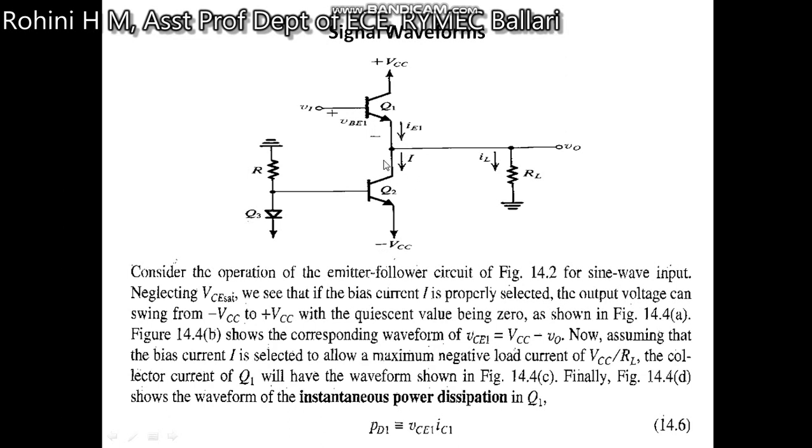If VCC is 10 and this is minus 10, the output voltage will swing from plus 10 volts to minus 10 volts. With the quiescent value being 0, as shown in 14.4a and 14.4b, the corresponding waveforms of VCE1 are shown.